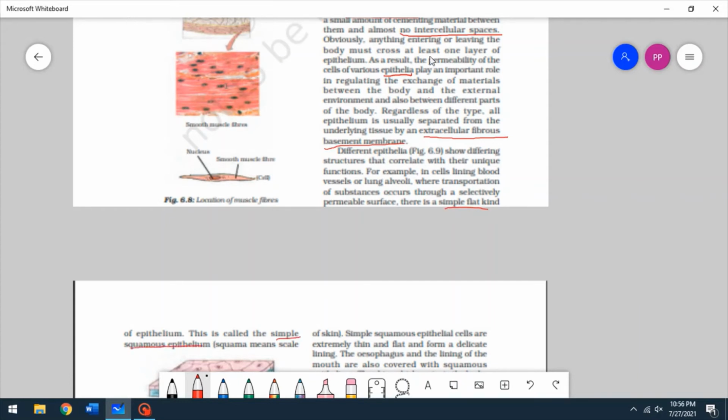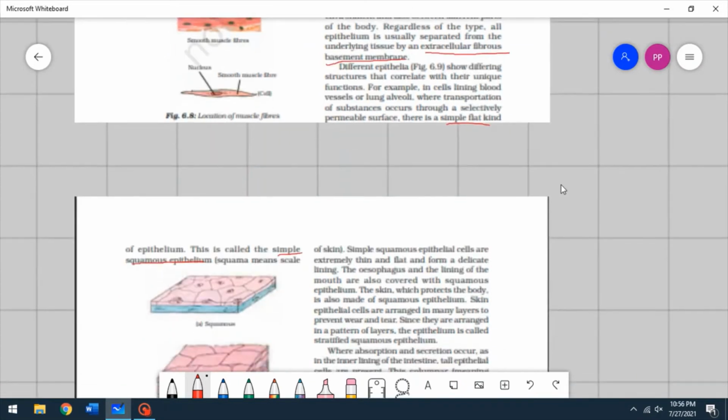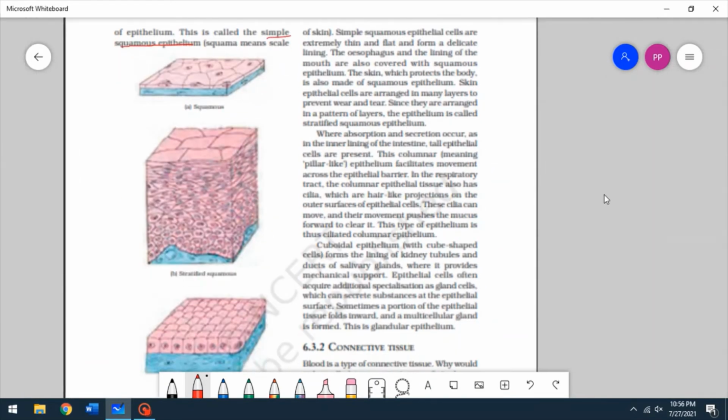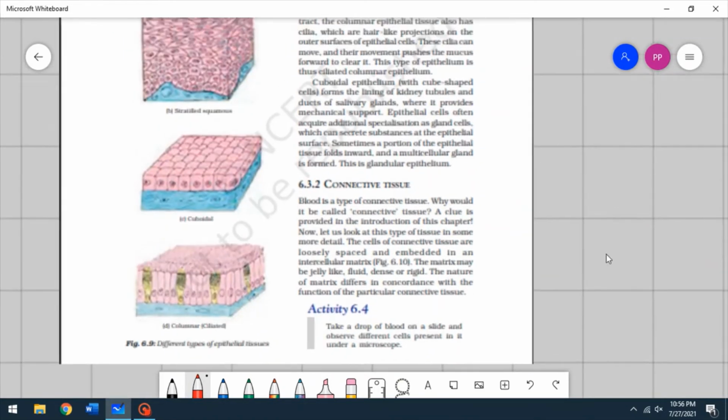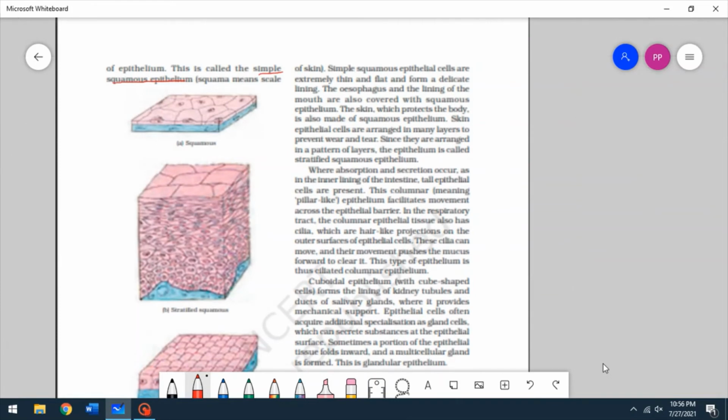Squama means scale. Alright, so this is why squamous epithelium is like this flat layer of epithelium through which most transportation occurs through a selectively permeable membrane.